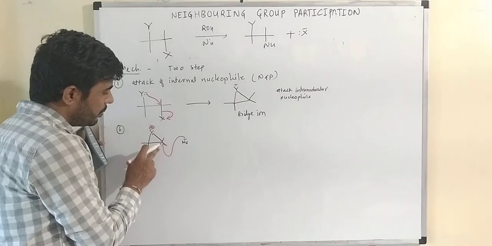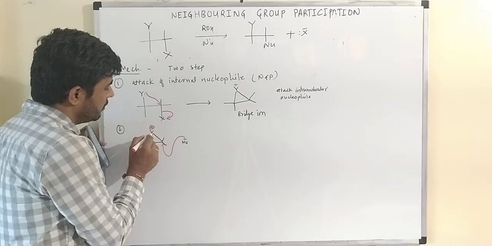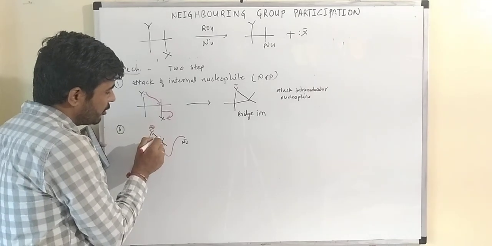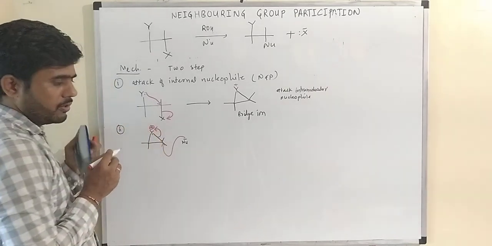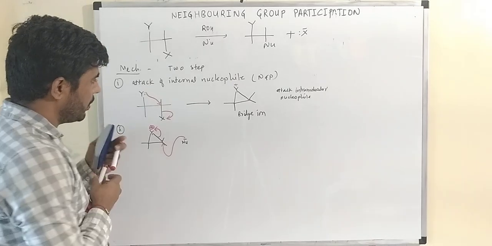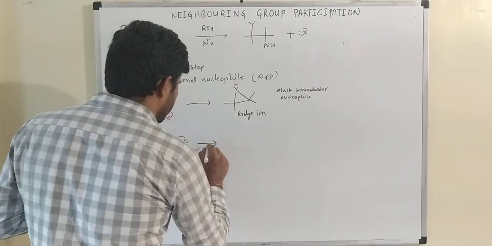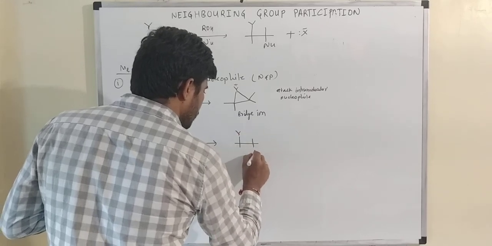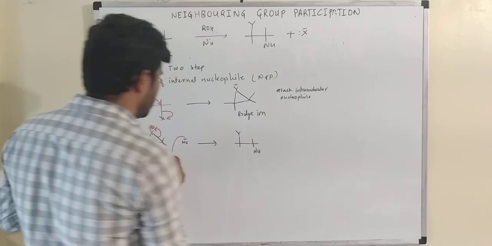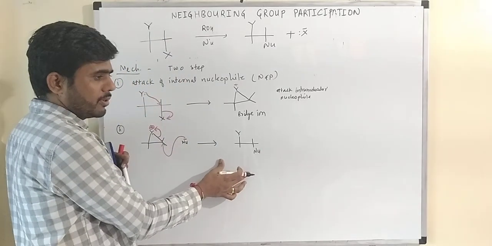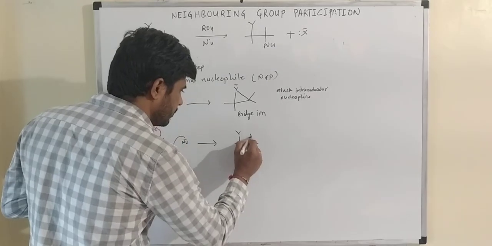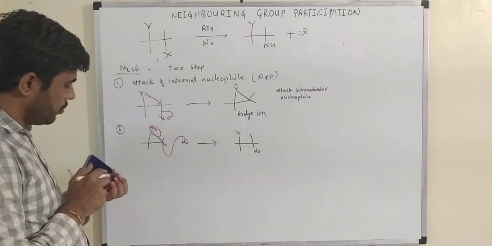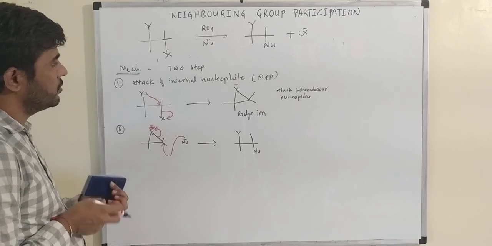Due to this attack of the external nucleophile, Y, the migrating group, reverts back to its original position, so it forms our final product. So this is Y, this is the nucleophile, and this is our final product. You can see here. Now from this reaction mechanism we can understand a few things.